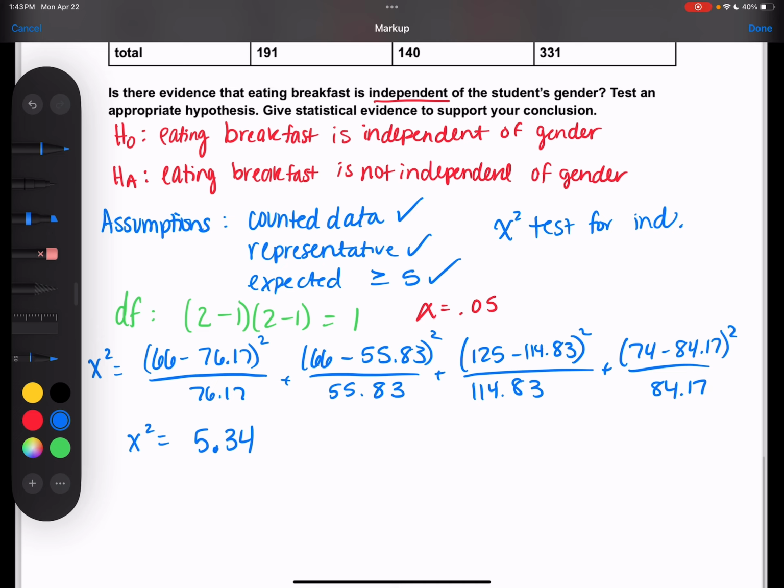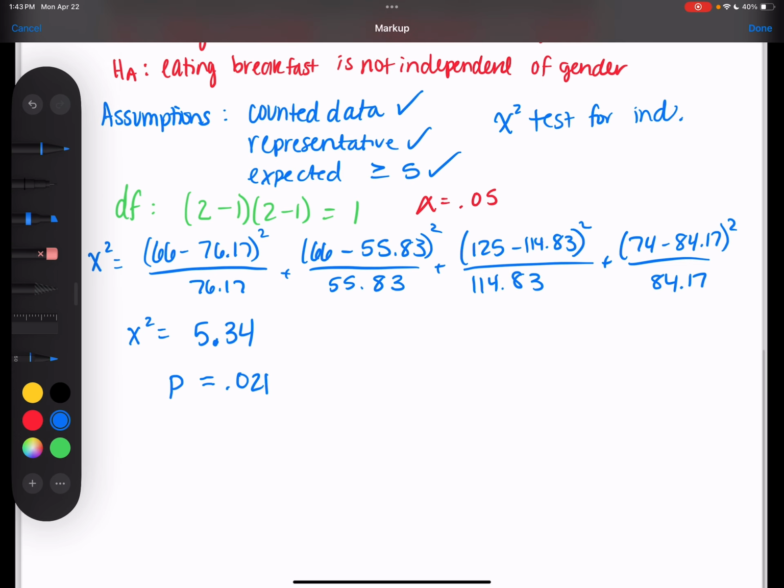Do we have the p-value that goes with it? 0.021. So what do we know then? The p-value is low, so reject.